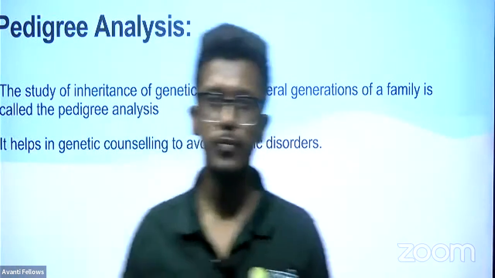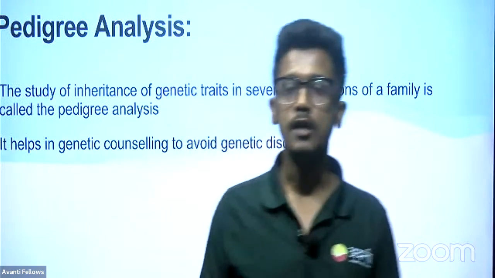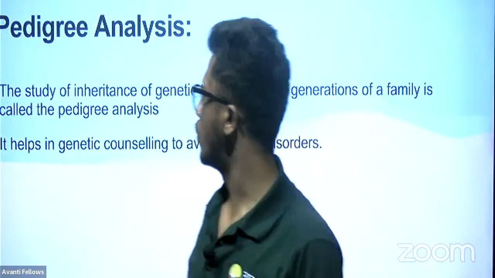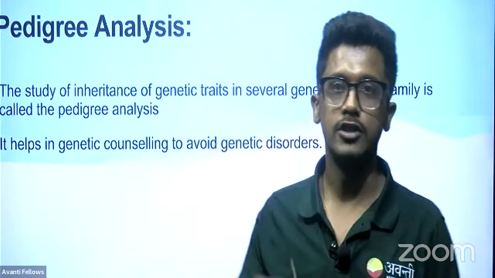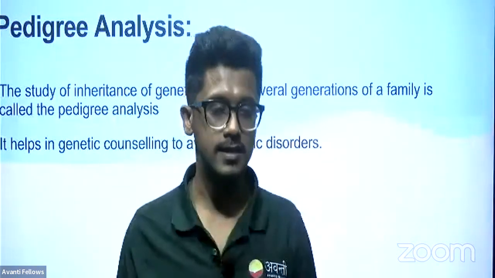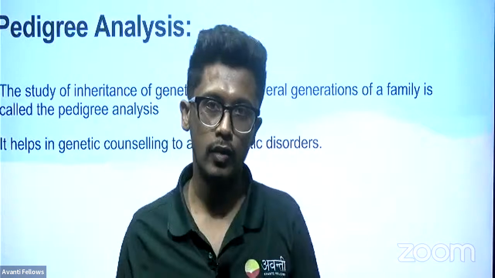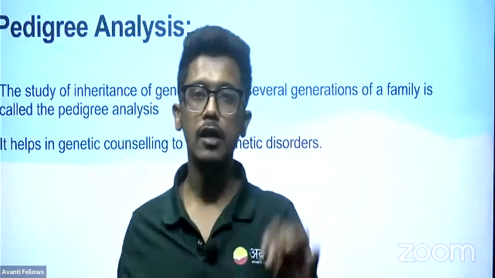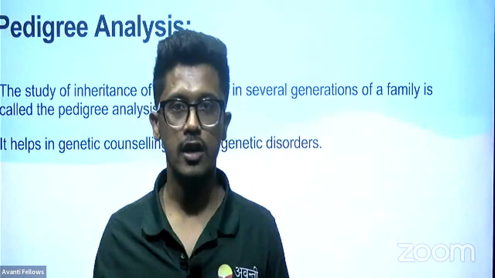Today we start with pedigree analysis. In the last class I gave you an introduction to what pedigree analysis is. By definition, we make a symbolic representation of generations. For example, say we have great grandparents, going back as far as we can trace and where the memory lasts. We take those and start plotting one generation after another.